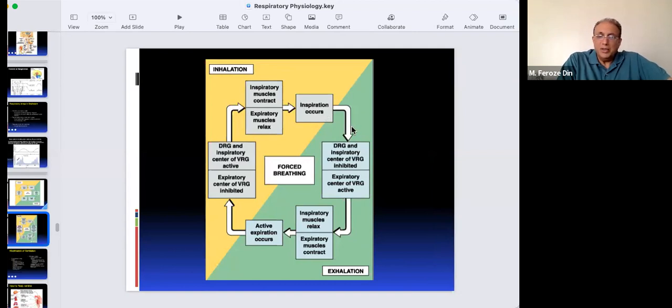And then not only is the dorsal group inhibited, but now in forced breathing, the expiration is active, so that the expiratory center is also stimulated, thereby forcefully removing the air from the lungs. So you have active expiration. That's the difference between quiet breathing and forced breathing, yeah? In forced breathing, you have the expiratory neurons and the expiratory muscles also getting activated.